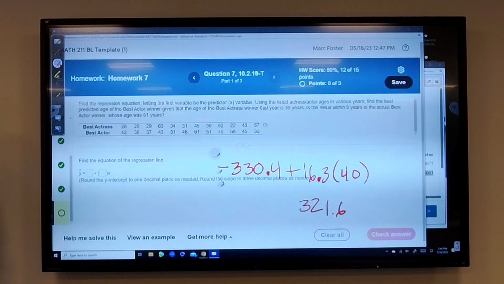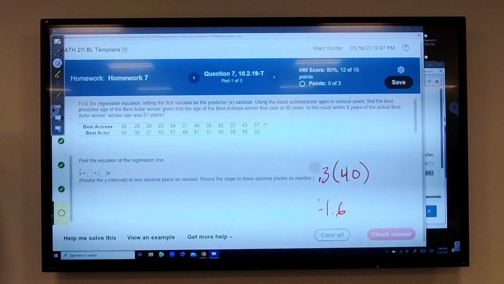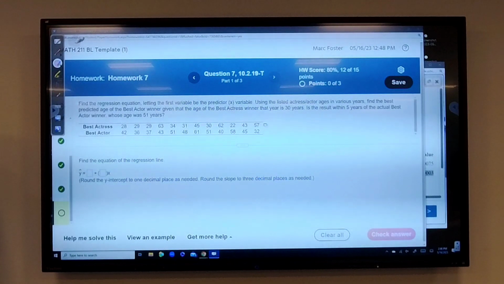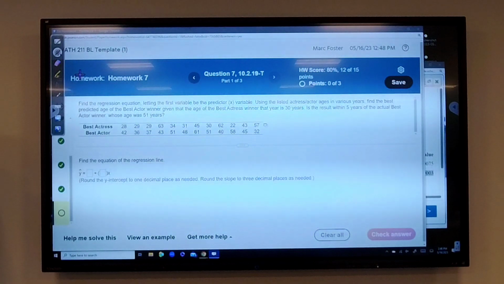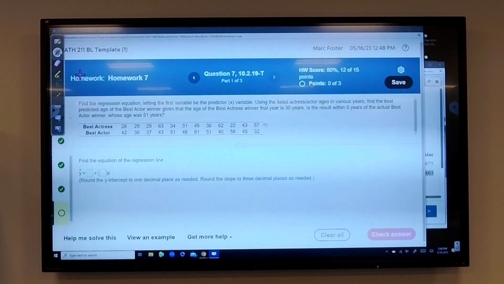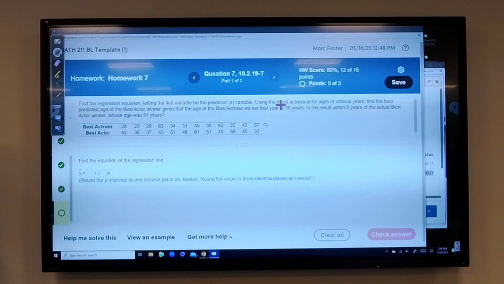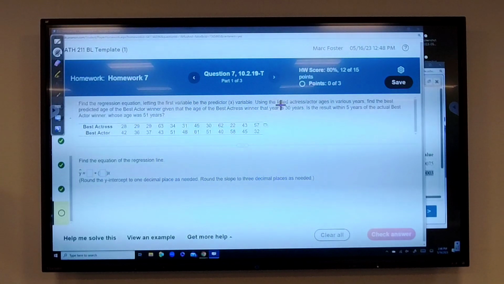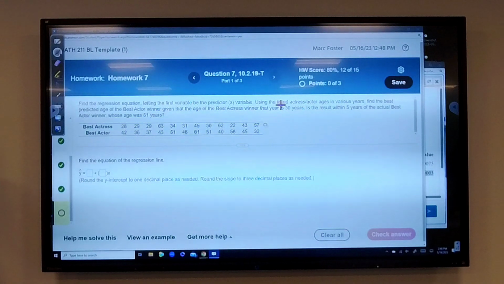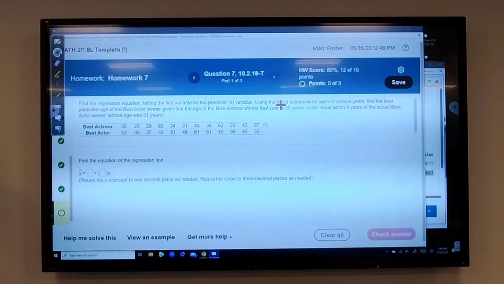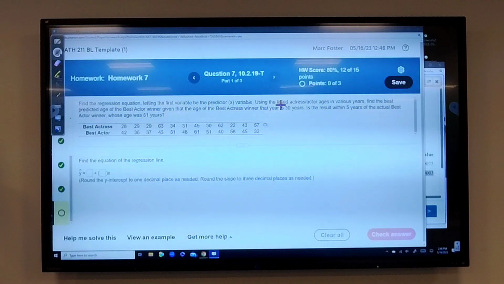For the last question, we are back to the Best Actress and Best Actor's ages. We remember what happened last time. Last time it wasn't a strong correlation.